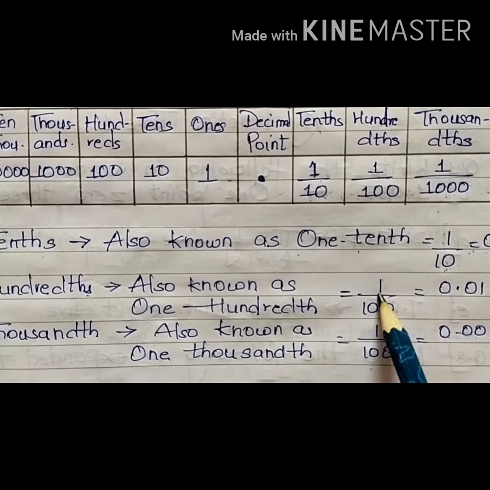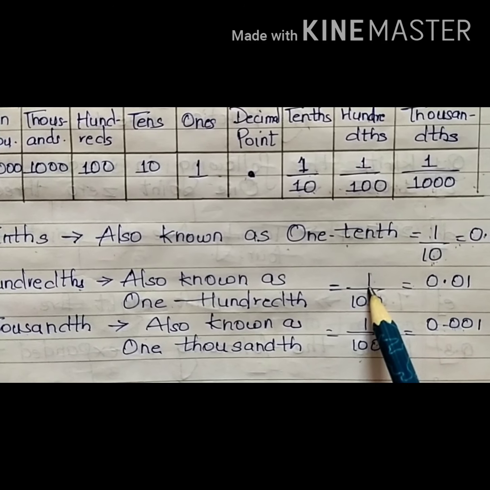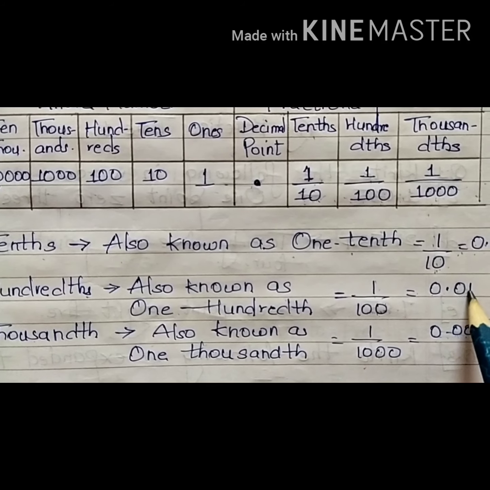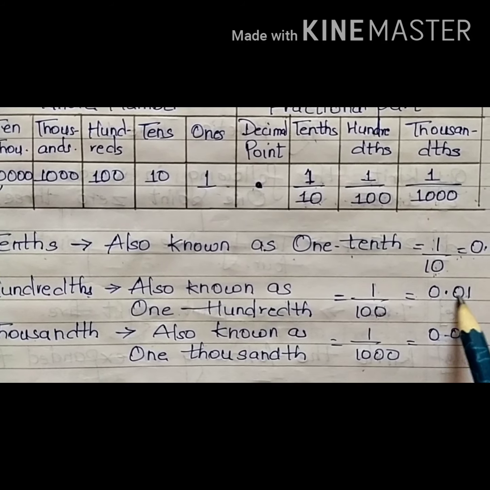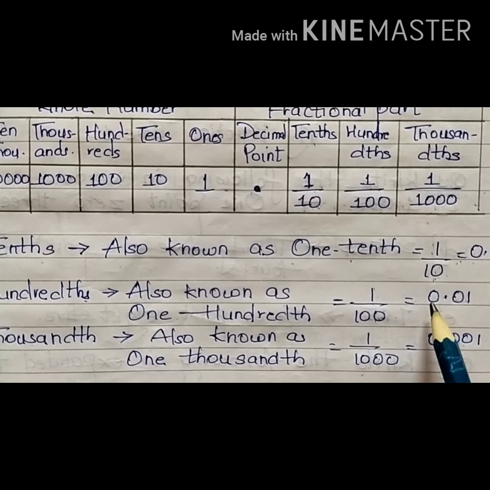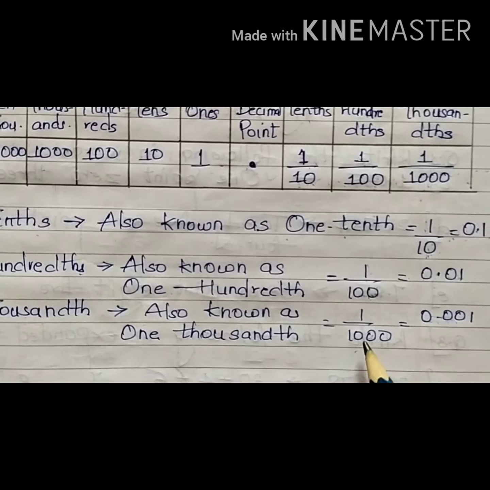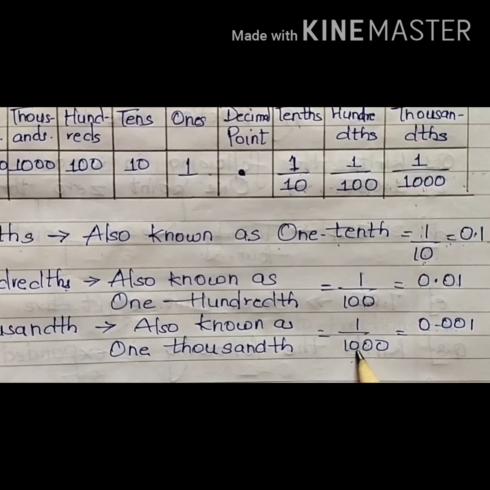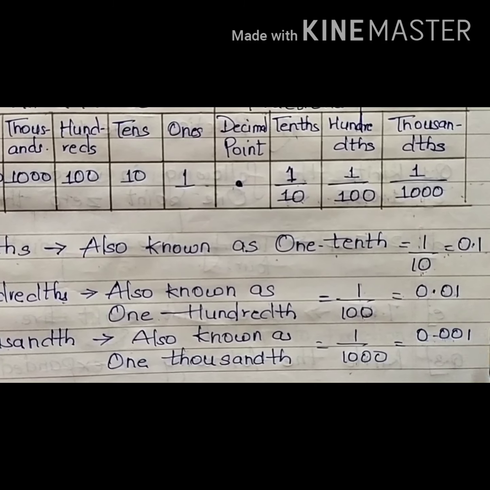But as you all can see, my numerator digits are not sufficient. So I first add a 0 to make it sufficient to give a decimal point after 2 digits. So I give a decimal point and I add a 0. Similarly, for 1 upon 1000, I need to give the decimal point after 3 digits from the right.